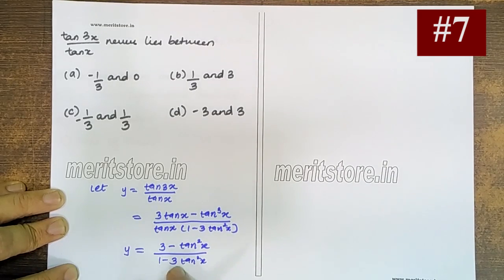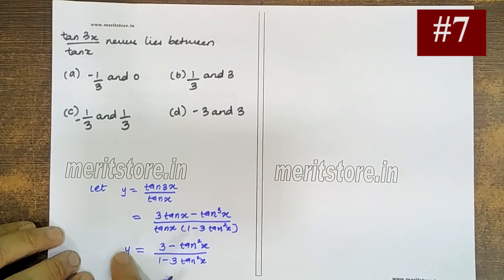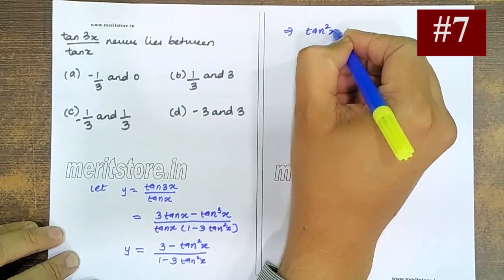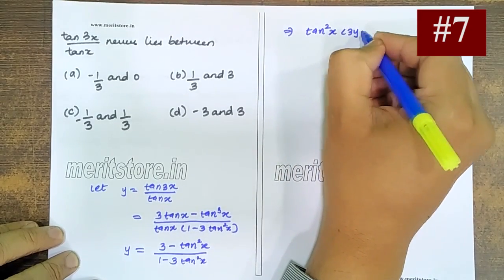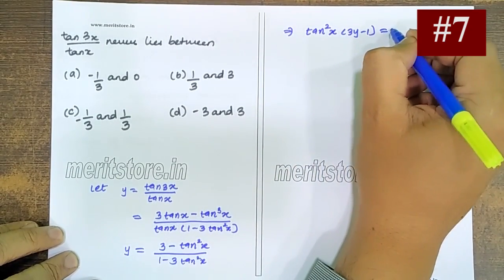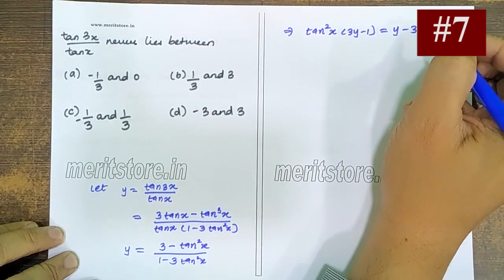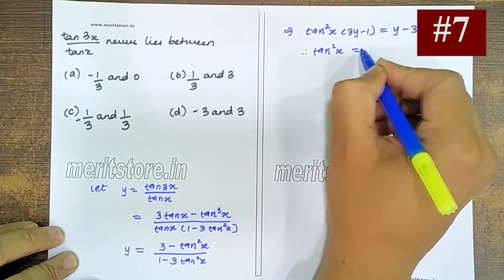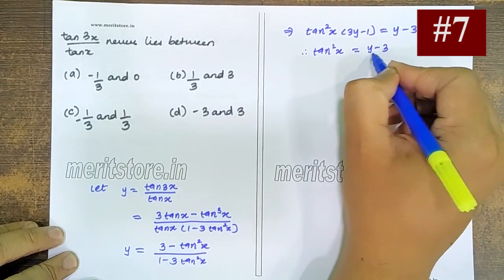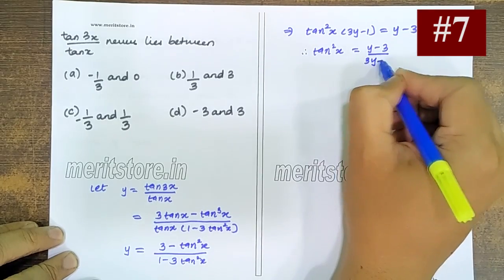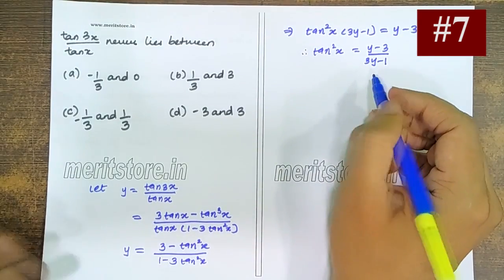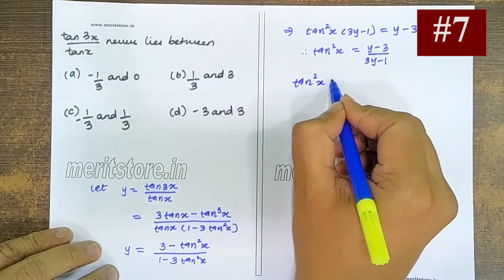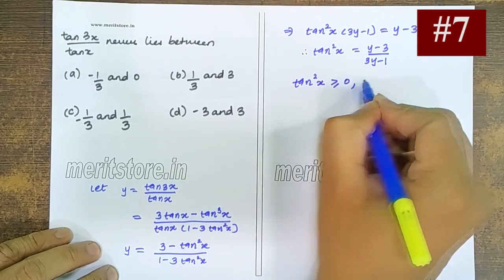So now cross multiplying we will get tan square x into 3y minus 1 is equal to y minus 3. So therefore tan square x is equal to y minus 3 upon 3y minus 1. Now as we know, tan square x will always be greater than or equal to 0 for all values of x.